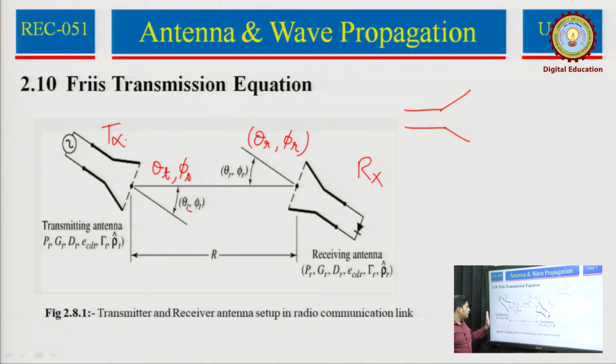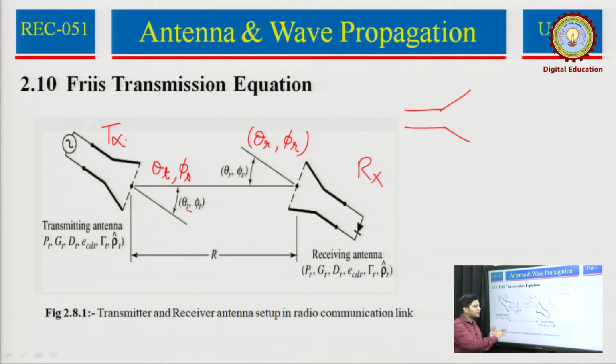Now, at the transmitter antenna site, let us assume the power available is Pt, directivity Dt, gain Gt, and efficiency epsilon t. These are the factors. Same at the receiving side, Pr, Gr, Dr, efficiency epsilon r, and this is gamma r, the reflection coefficient. So, this way we can define.